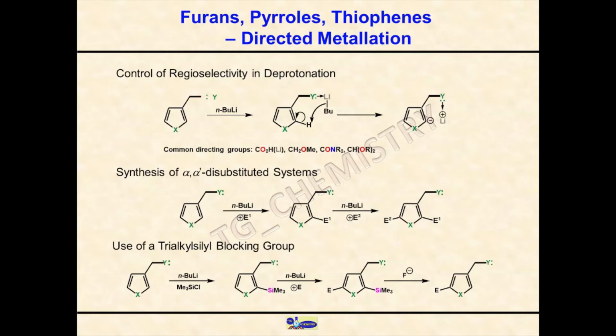If the 2 position is blocked by the trialkyl silyl group, then the electrophilic substitution has to occur at the 5 position without any option, and after the electrophilic addition at the 5 position, the silyl group can be deprotected by means of fluoride anion because of the strong Si-F bond. So we can have the electrophilic substitution reaction at the desired position by using the trialkyl silyl group as a blocking agent.